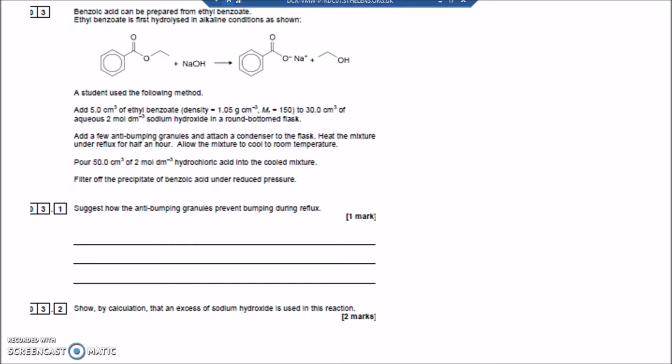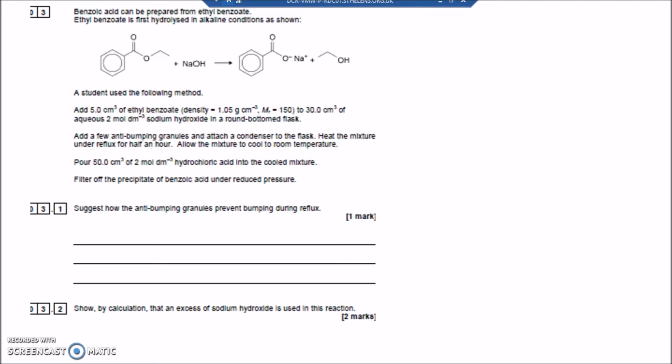To 30 cm³ of aqueous 2 mol dm⁻³ sodium hydroxide. So we've been given a volume and a concentration, so we need to work out moles there, because concentration is moles divided by volume. We could also work out the number of moles of either of those, because we've got the formulae. Add a few anti-bumping granules and attach a condenser to the flask.